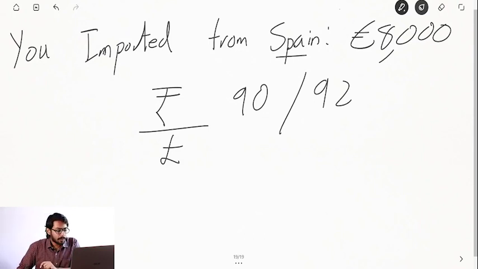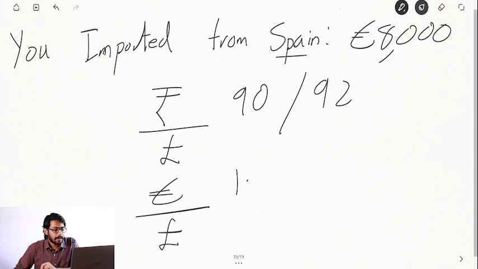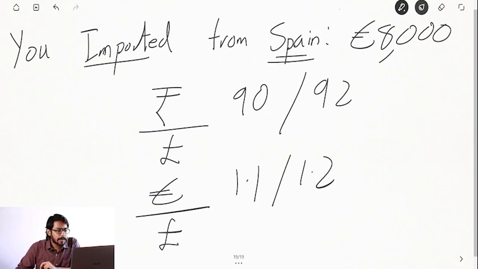The exchange rate of euro with pound is 1.1, 1.2. Find the amount to be paid. You imported from Spain goods worth euro 8,000. The exchange rate is rupee by pound 90, euro by pound 1.2. Find the amount to be paid in rupees. Okay, so let us find out.